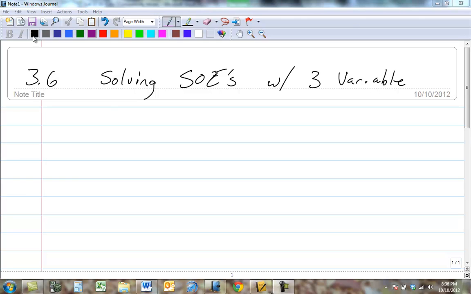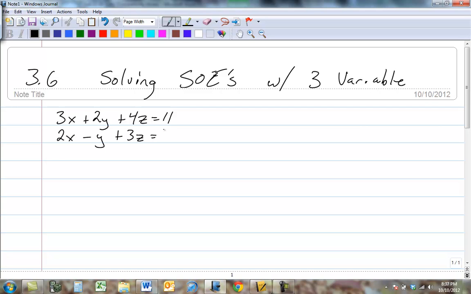Now, let's talk about the system. We're going to have 3x + 2y + 4z = 11. Then I got 2x - y + 3z = 4. Now, normally we've been solving systems with two variables and thus have two different equations.